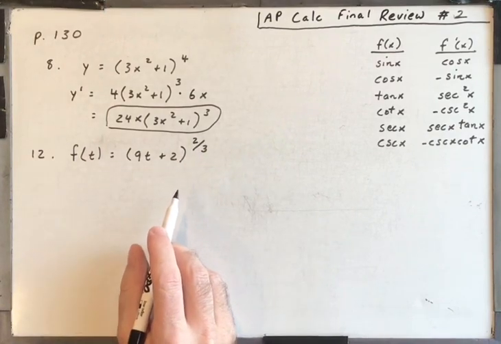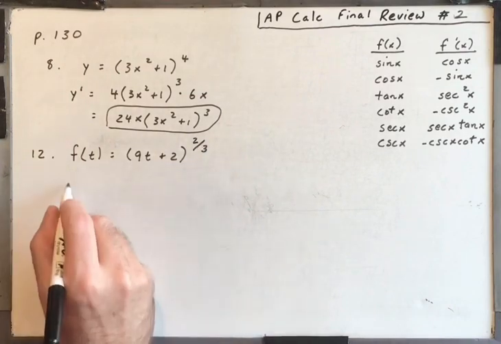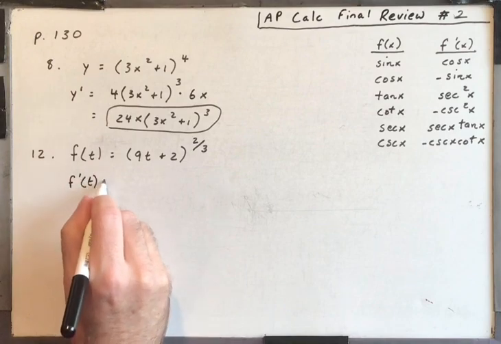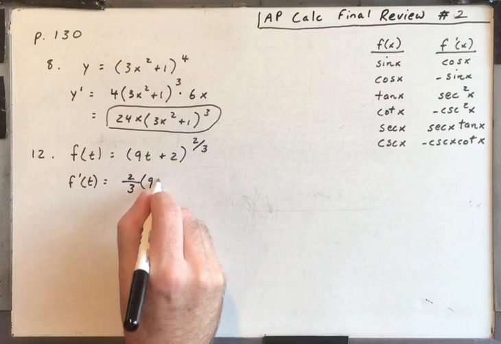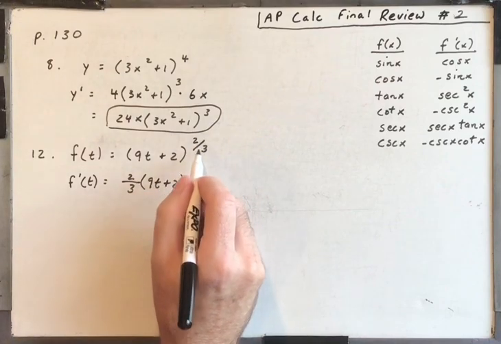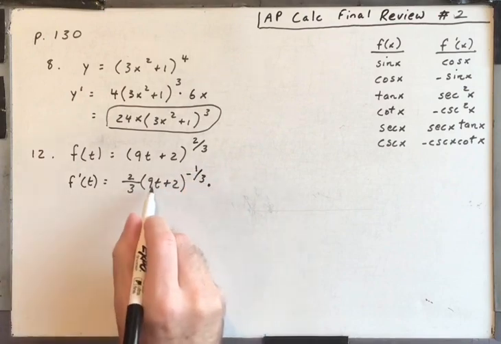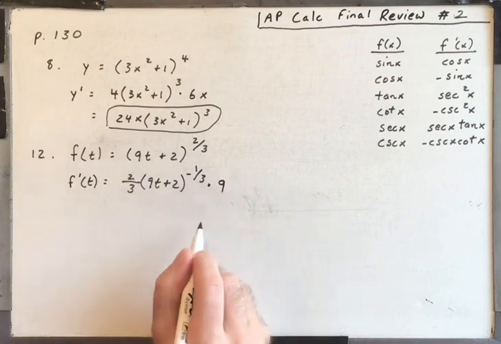I'm not sure, I don't have the book open right now, but you're going to want to put it in fractional exponent form if it's not. So f prime of t is equal to 2/3 times 9t plus 2 to the 2/3 minus 1, which would be minus 1/3, and then don't forget times the derivative of the block, so that's going to be times 9.